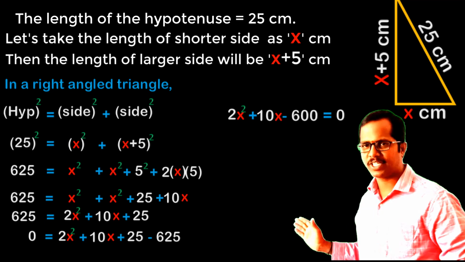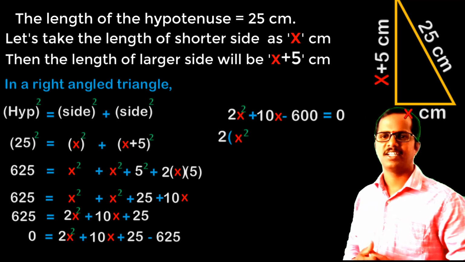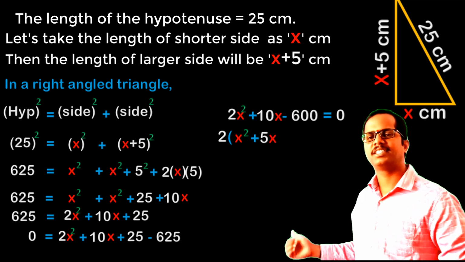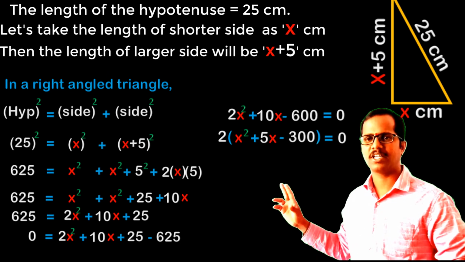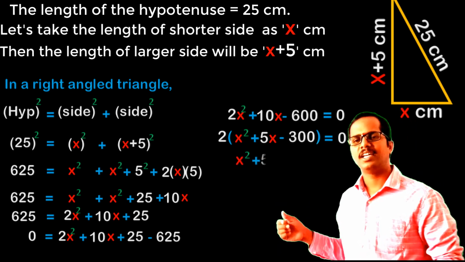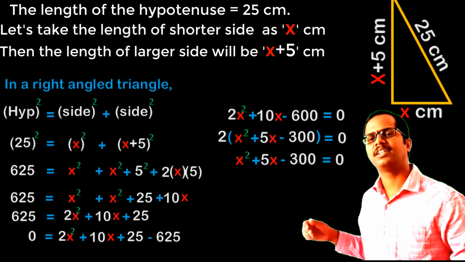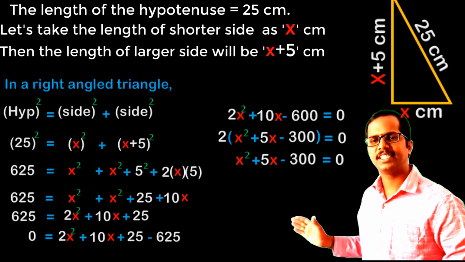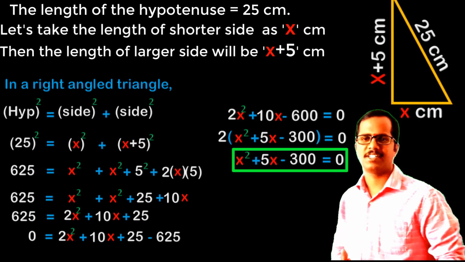All the terms have 2 as common, so by taking 2 out we get x square plus 5x minus 300 equals 0. And this is the required quadratic equation in this situation.